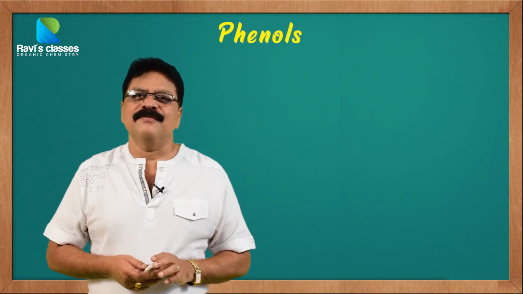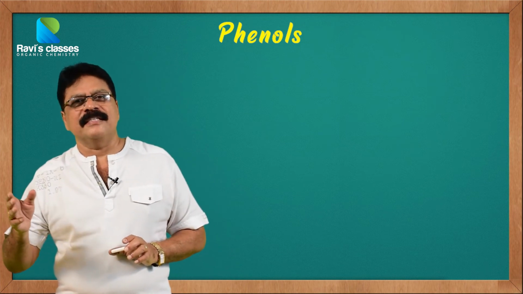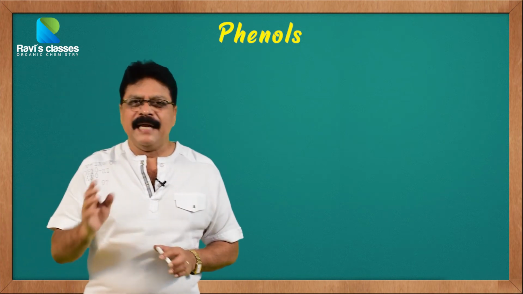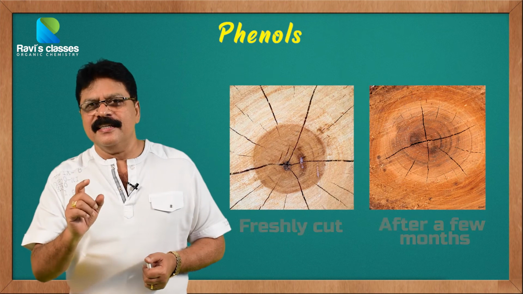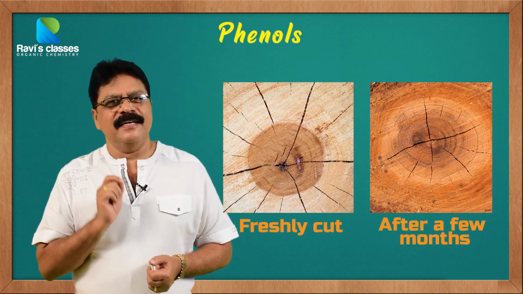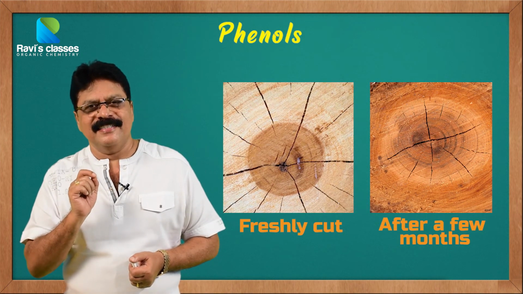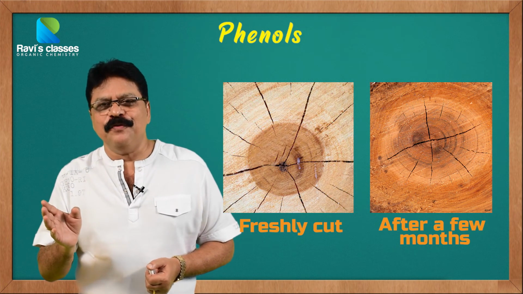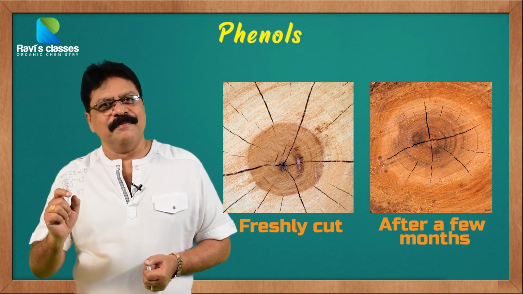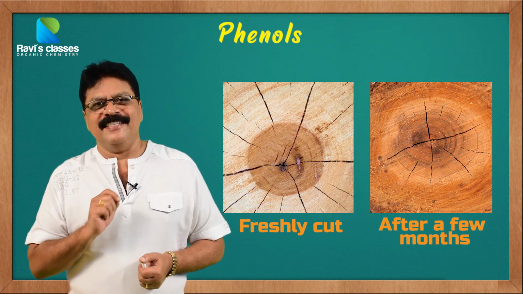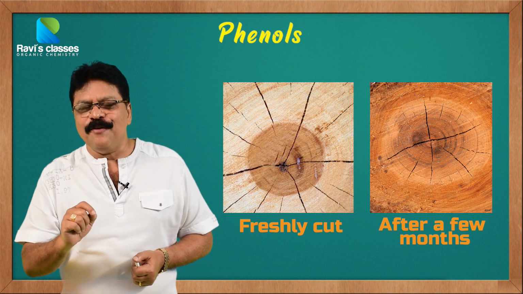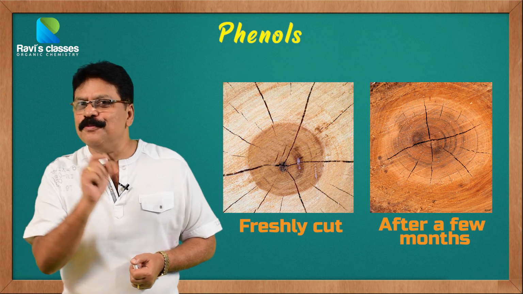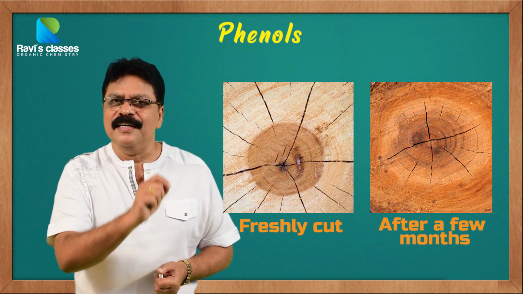You have always seen that whenever a tree is cut or a branch is cut, the trunk that is broken away has a pale pink color, pale cream color, slightly flesh colored. Now, after a period of time, you find that it has become darkened, it is almost brown in color. Why is this change? For that, you must always remember that phenol is one of the most important constituent parts of the tree trunk.